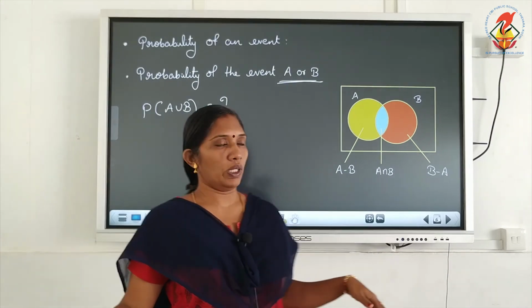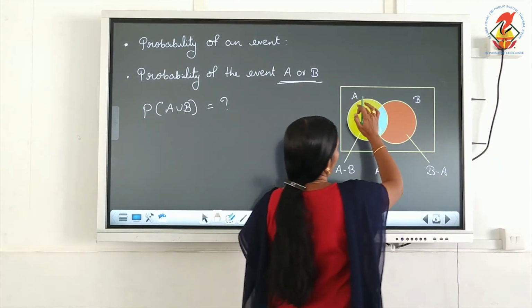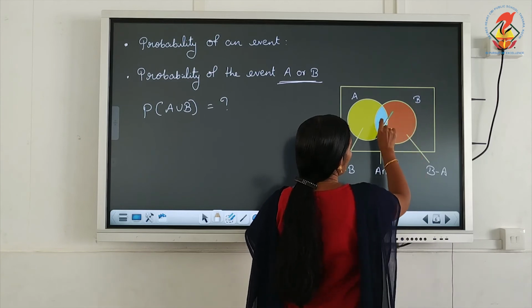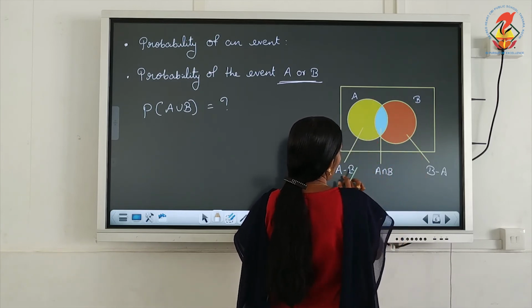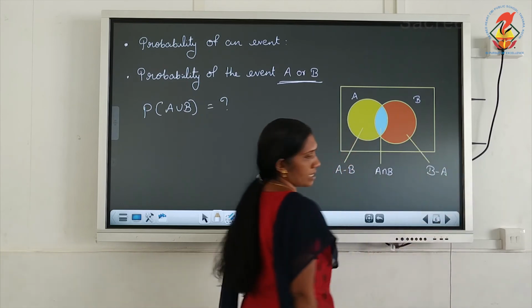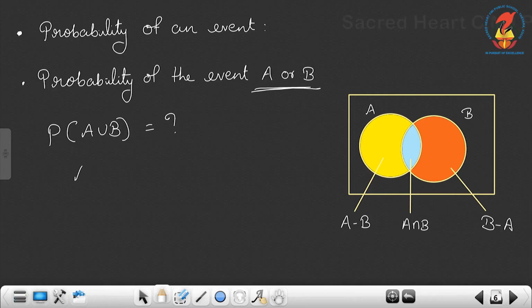Otherwise, how do we calculate it? Look at this Venn diagram. A and B. This blue shade indicates A intersection B. This part is A minus B and here B minus A. From the figure, first I am writing A union B as A union (B minus A).